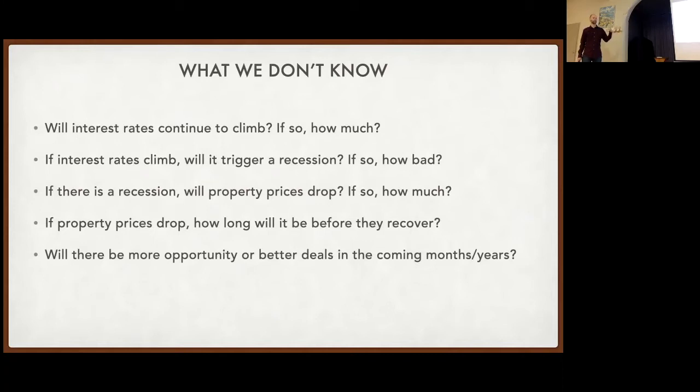If they were to jack interest rates to the rates we saw then, I would suspect that more than 50% of the people would start defaulting on their mortgages, and we'd be in complete chaos. Nobody really wants that. I don't think it'll get that bad, but we could see a small recession like we saw in 2008. You could see a 5%, 10% drop in price, and then it just sits stagnant for a while.